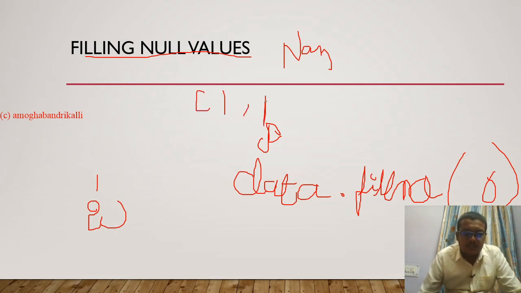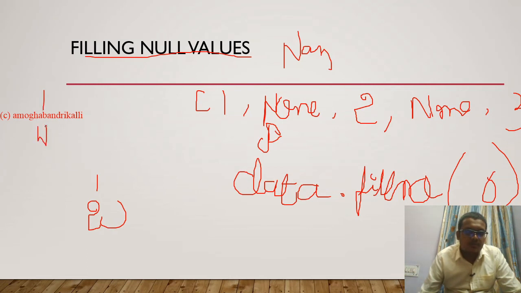A series of 0, 1, None, 2, 3, 1, NaN, NaN, 3.